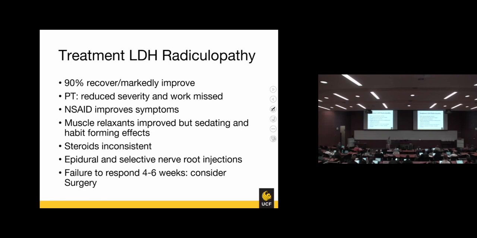Basically what this is, is putting a combination of numbing medicine and some steroid around the nerve root or around the dura, depending on which approach is used. And then failure to respond after 4 to 6 weeks, consider surgery. And that's going to depend on the severity of the symptoms and any neurologic deficit that's present.